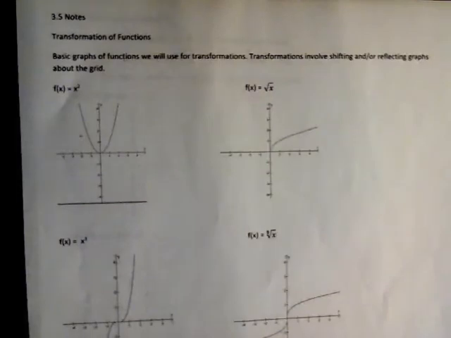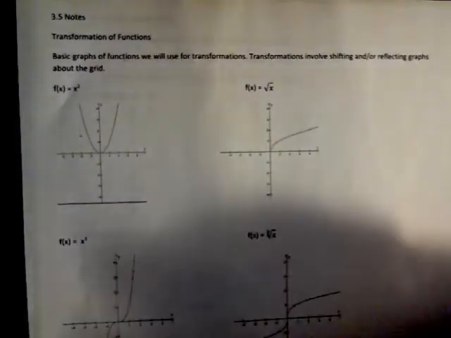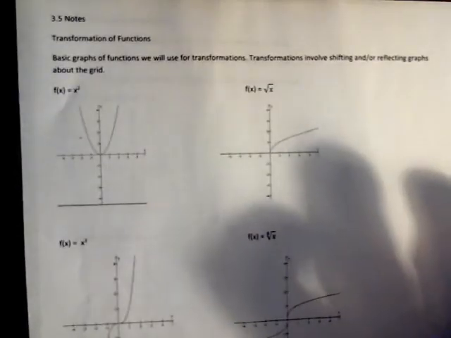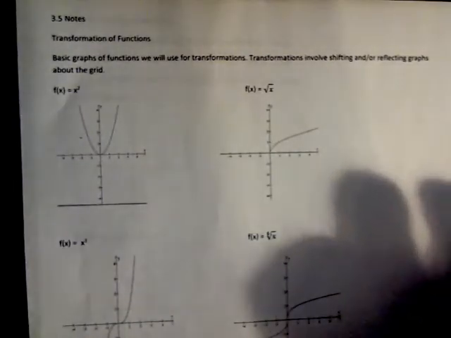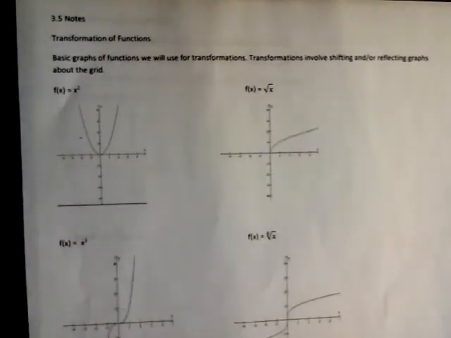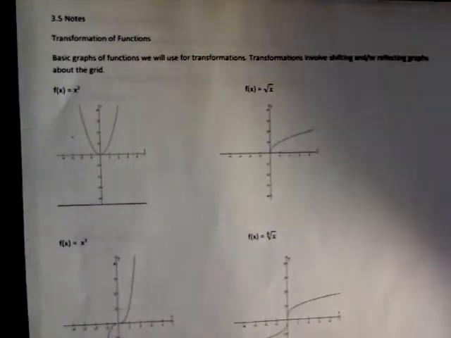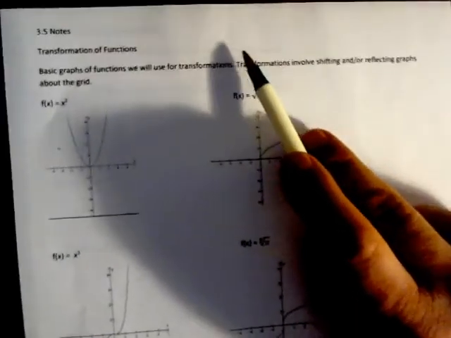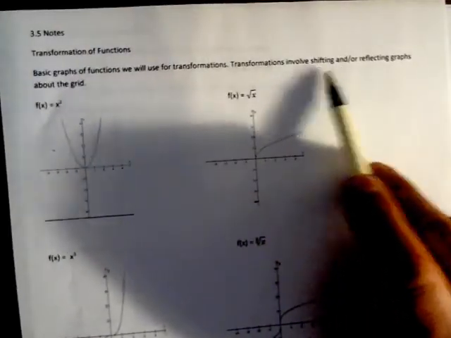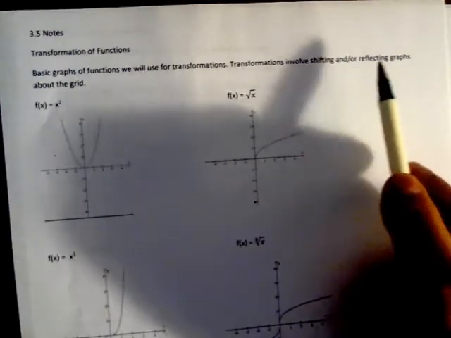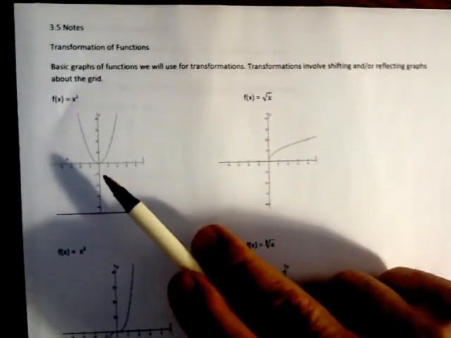All right. Today we're going to talk about section 3.5, which is transformation of functions. We talked about the graphs of what are called the library functions previously. Transformations just involve shifting and/or reflecting graphs about the grid.